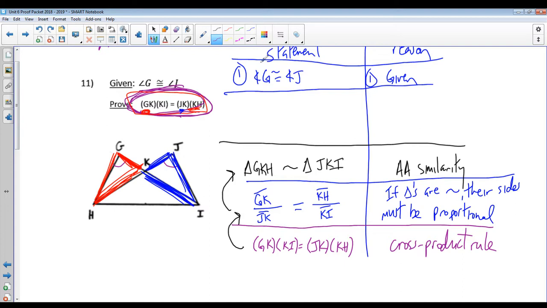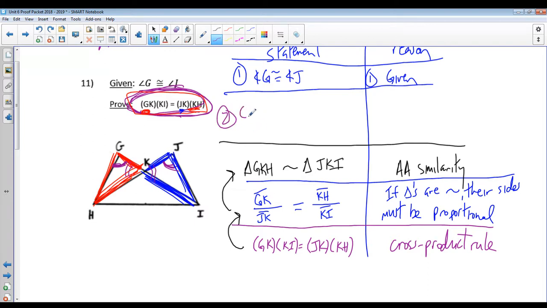So we know we're only looking for angles. We know to prove this similarity, we need to use angle-angle. They gave us 1 pair, right? They gave us a pair of angles in the given. So we only have 3 to choose from. I can do angle H and I, or I can do this angle, GKH and JKI in the middle. If I look at H and I, just by process of elimination, I don't really think I know much about those 2. But hopefully what we're seeing really automatically now is I have these vertical angles.